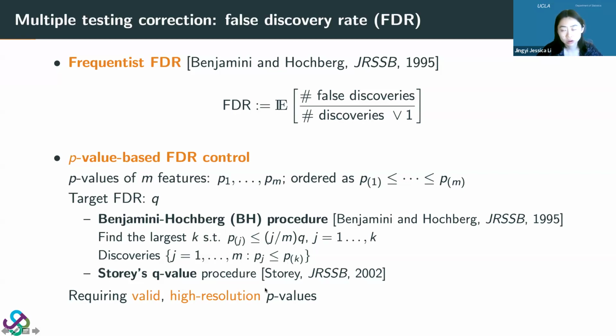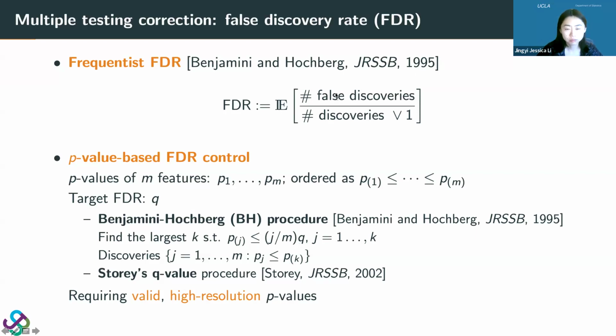That's how you find the threshold. So basically, the threshold is determined by a consecutive order of inequalities. You need the first k inequalities to hold, k plus 1 breaks, then you reject P1 to Pk. So that's the Benjamini-Hochberg procedure to control the FDR.